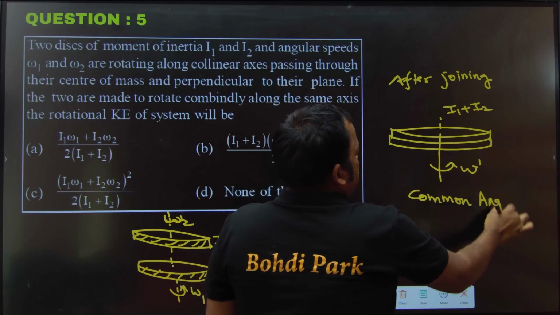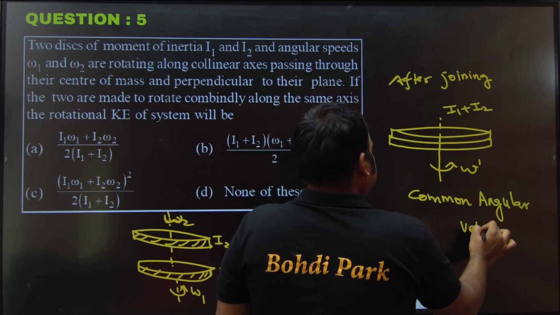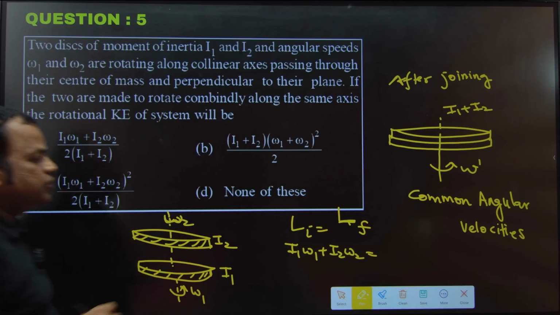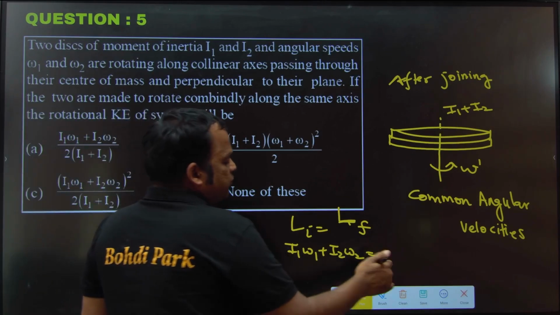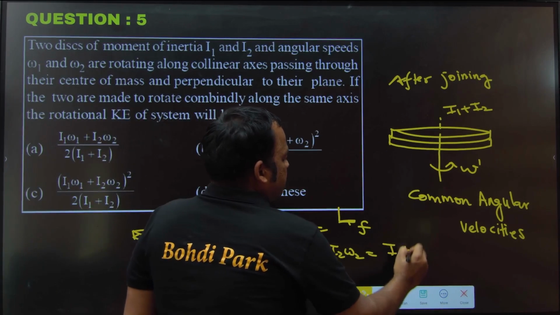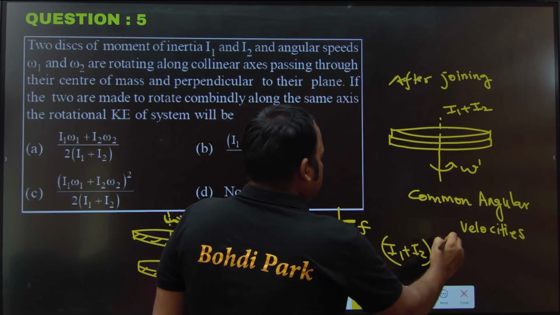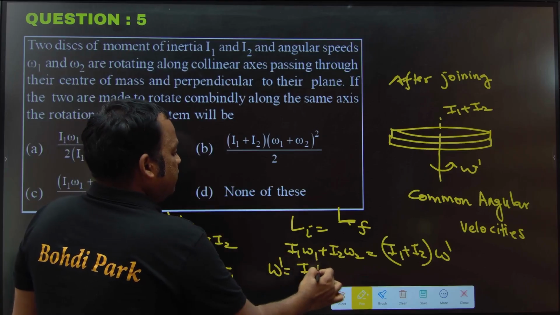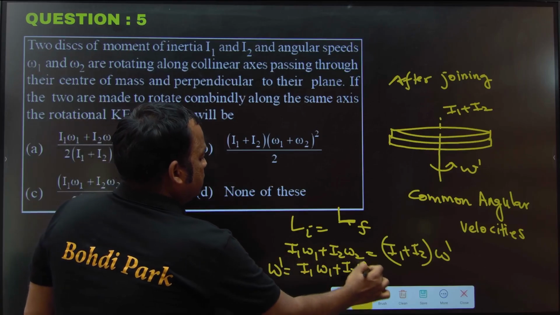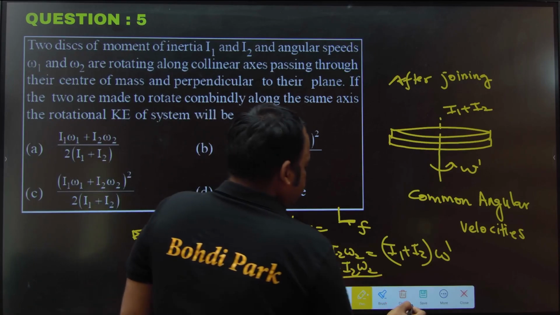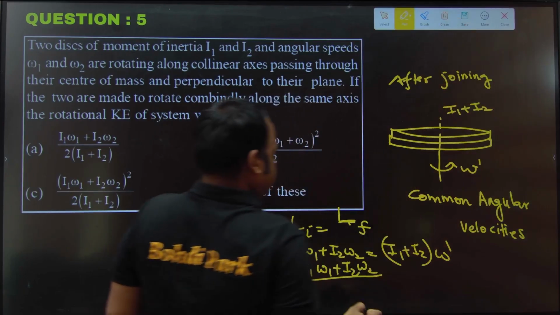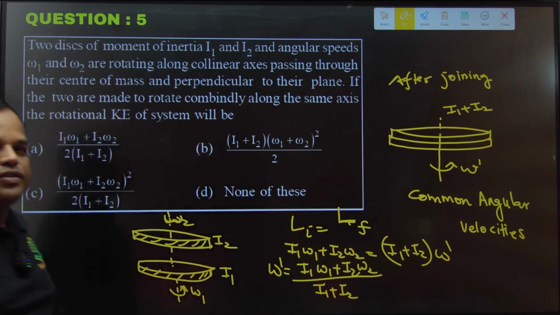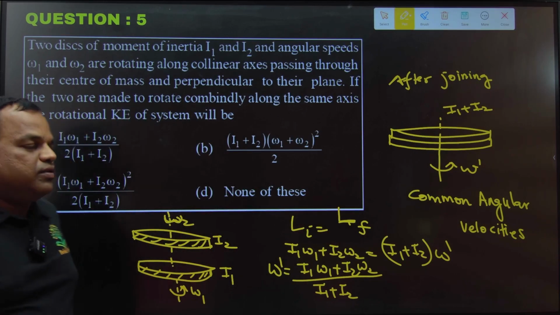So we can say I1 omega 1 plus I2 omega 2 is equal to (I1 plus I2) into omega dash. So omega dash is equal to (I1 omega 1 plus I2 omega 2) divided by (I1 plus I2). So this is the common angular velocity.